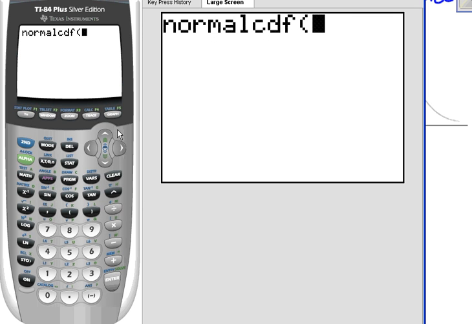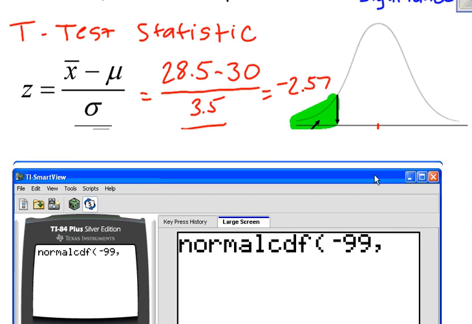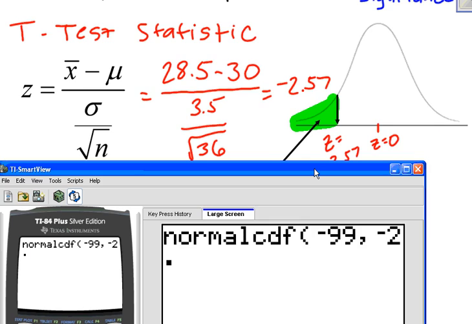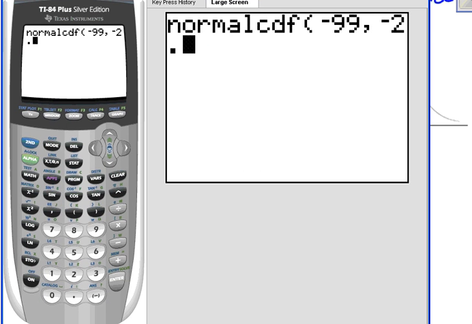You should know how to find this by now in your calculator, but I'm going to go from negative 99, because that's my left-hand boundary on my shaded region, up to my right-hand boundary, which was negative 2.75. So let's type that in, negative 2 or was it 5.7? Let me go back and look. Yeah, 2.57, excuse me.